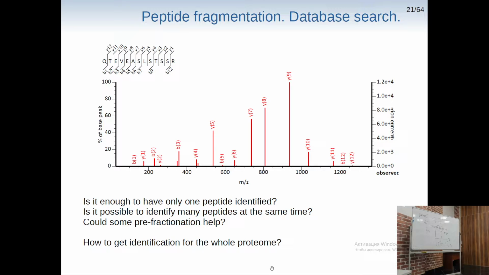Also, what do you think? Is it possible to identify many peptides at the same time using tandem mass spectrometry? The problem is that if we have just one protein and one peptide, it's not a problem.